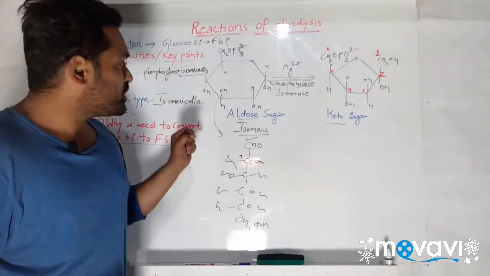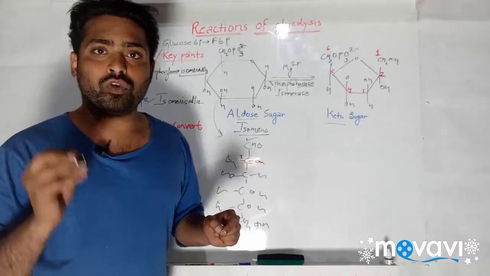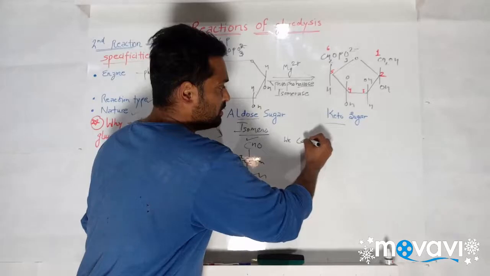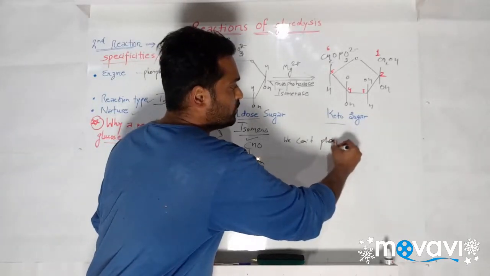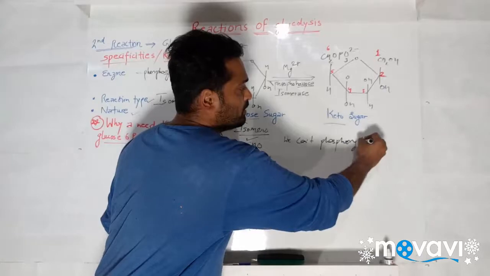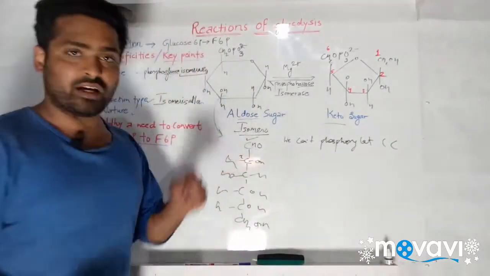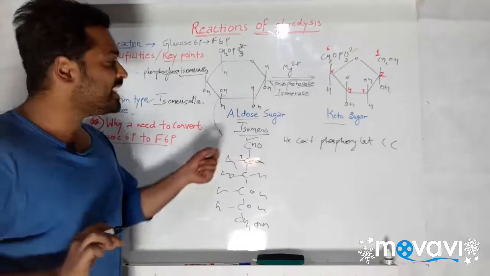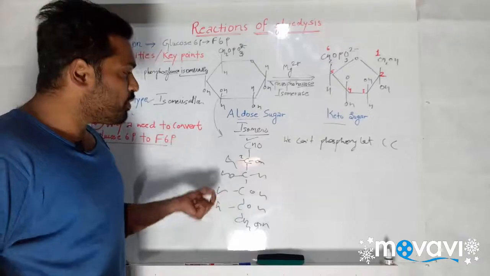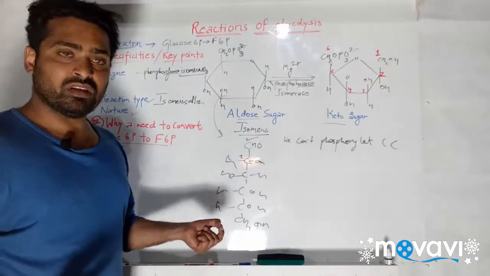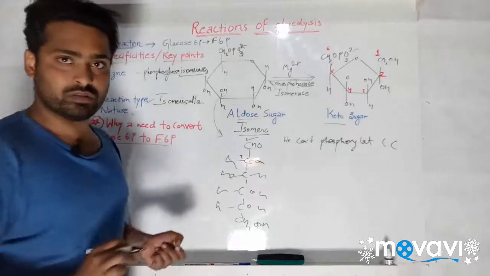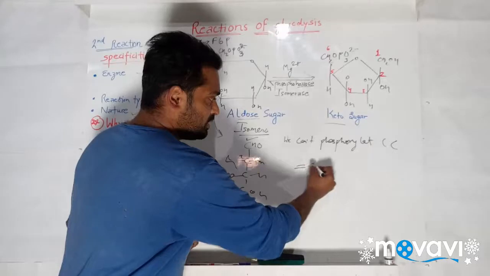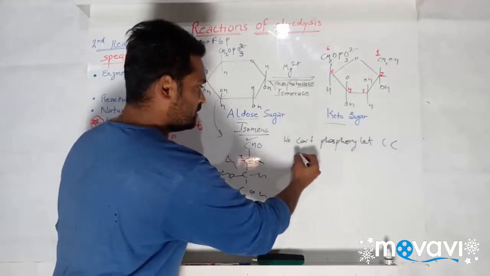The point to note here is that we cannot phosphorylate the carbonyl carbon. So we need to shift it, and that shifting is possible when it becomes a keto sugar.